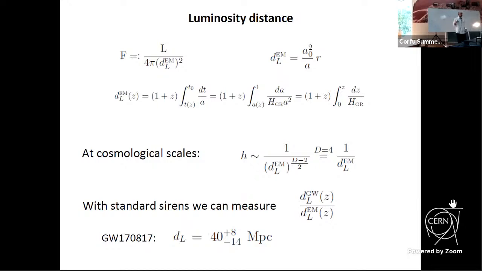So we're not talking about hundreds of standard sirens, but still a few dozens. So if you take a different theory from GR, then maybe you can find that the amplitude is not proportional to 1 over the luminosity distance of the optical source, and we will talk about this later.